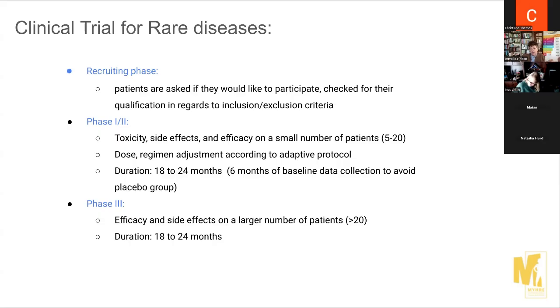You do again the same duration, 18 to 24 months, and then you hope that it's going to be approved, that you have efficiency, safety, and that you'll get a new treatment. So I think, yeah, that's it.